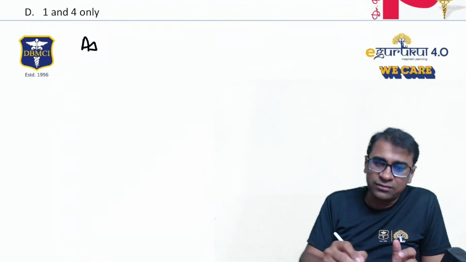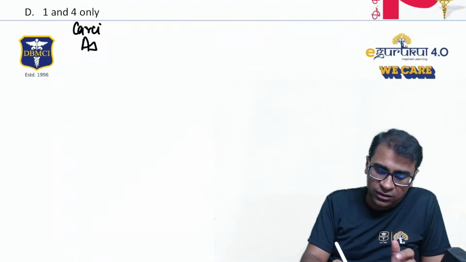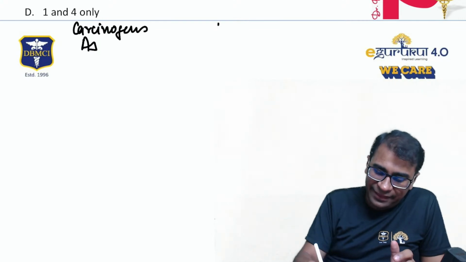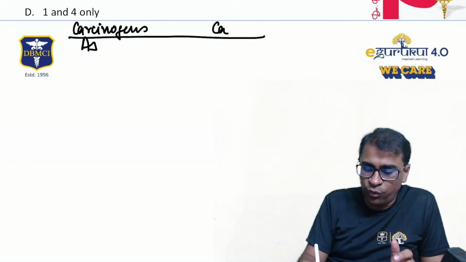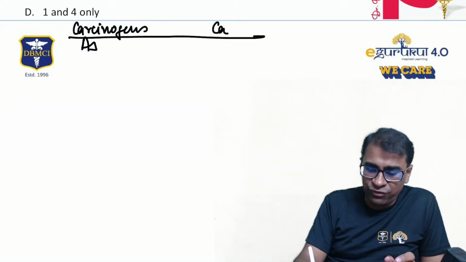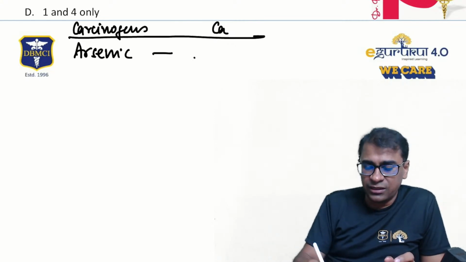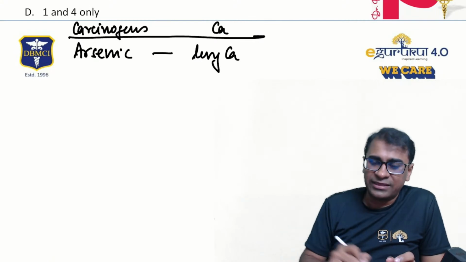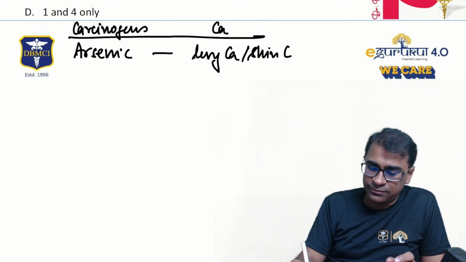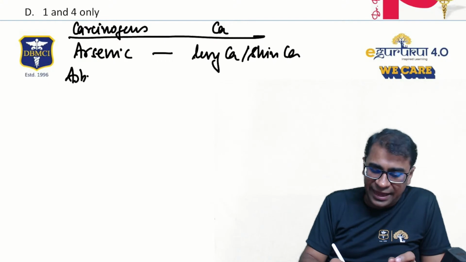So I'll talk about the carcinogens and the cancers they can lead to. Okay, if you want to, please make a list of this. First I'm writing arsenic. Arsenic often leads to lung cancer and also skin cancer. Then there is asbestos.